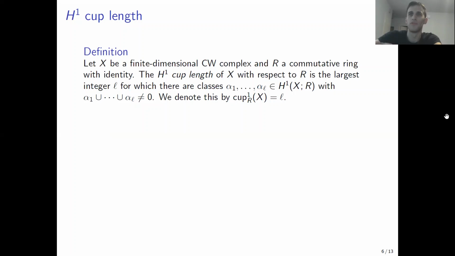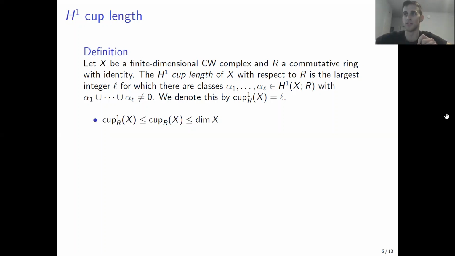Just a couple of remarks about this definition. Obviously it's relevant to the previous slide. You just talk about H1 cup length, rather than writing there exist classes such that. This is a modification of the definition of cup length, which says that you don't have to have degree 1 classes, just any L classes which have non-zero cup product. So you have a degree 1, a degree 2, a degree 3, several degree 7s, and so on.